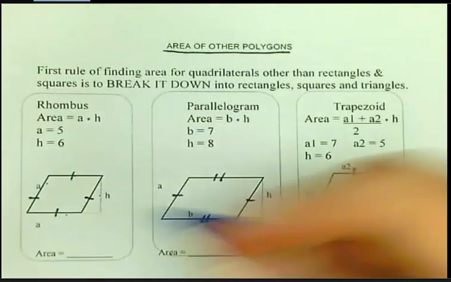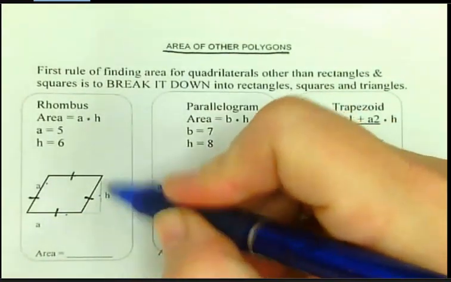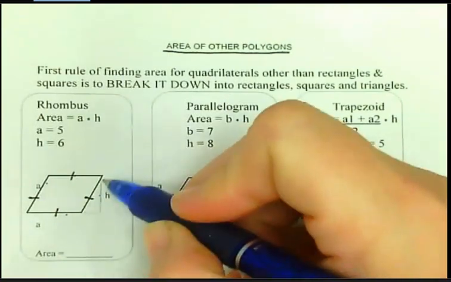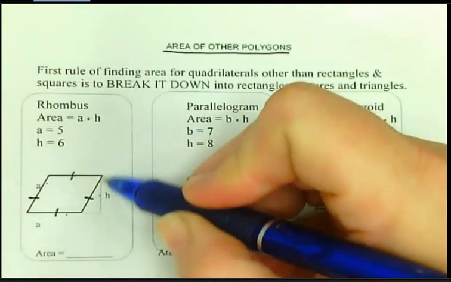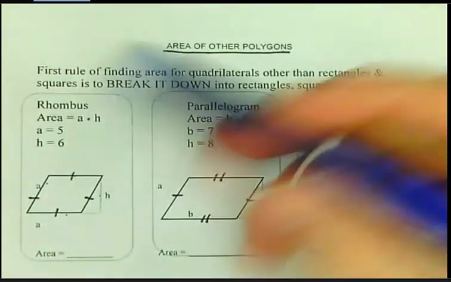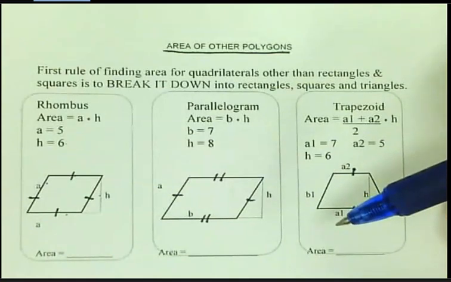But my area is going to be this 5 times whatever the height is, okay? Because remember, we know that this is 5 long, but we scooched it. We took our square and went, ah. So this height is actually 6, all right?